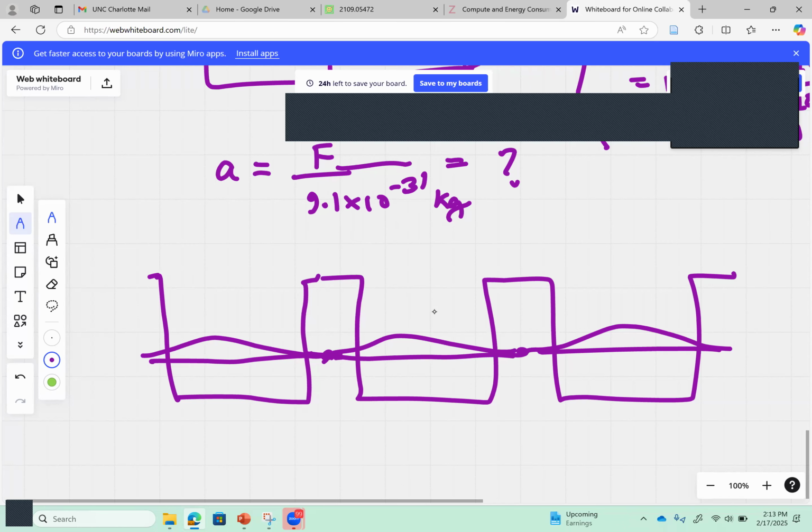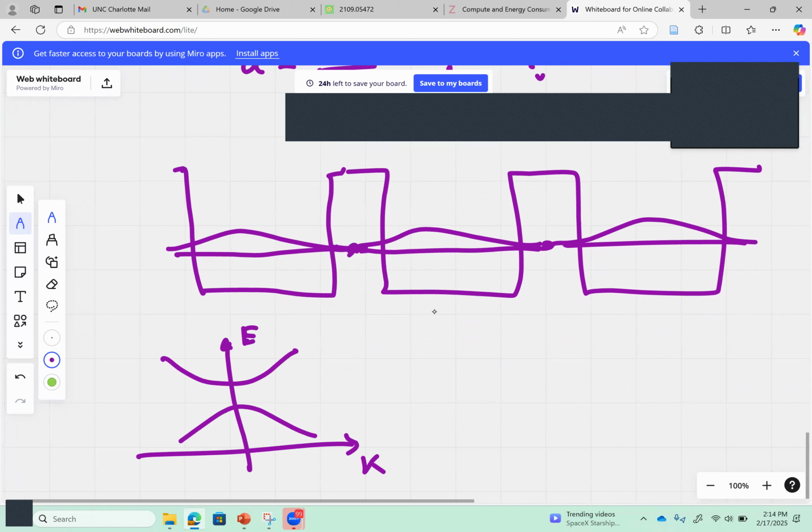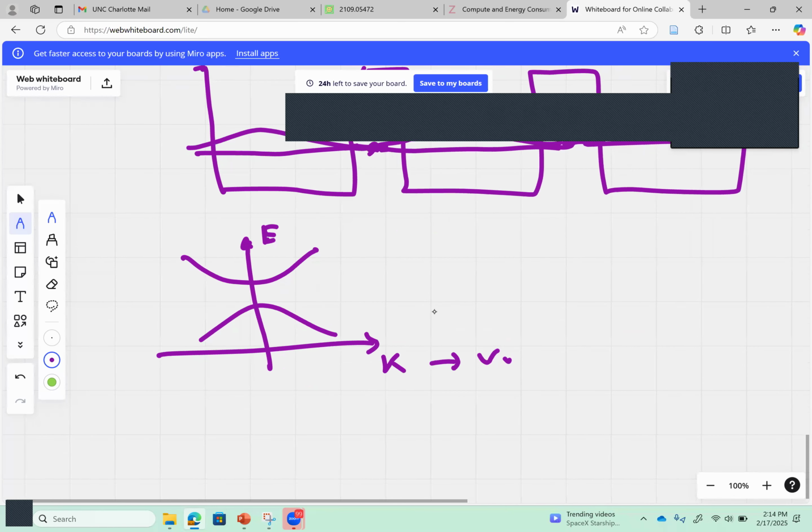And after taking interactions into account, you get an E-k diagram. Okay, this is your E-k diagram. And k basically gives you the velocity, right? So you can use this E-k diagram in order to find the effective mass.